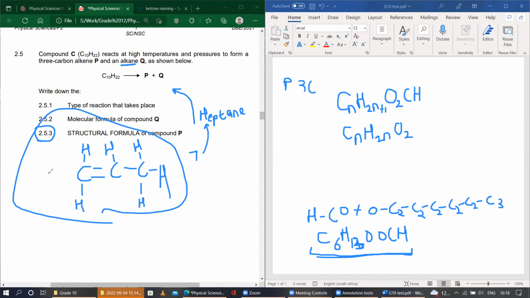And an alkene with 3 carbons, that's propene. So basically, this is propene. Yeah.